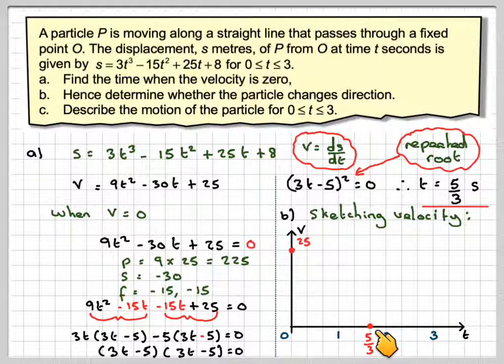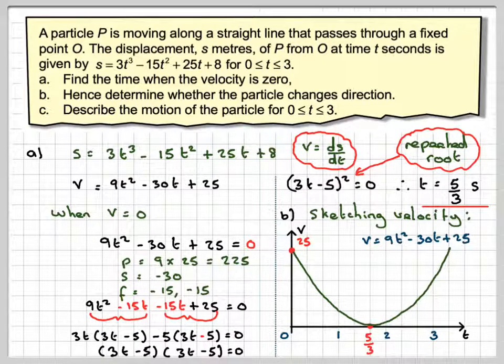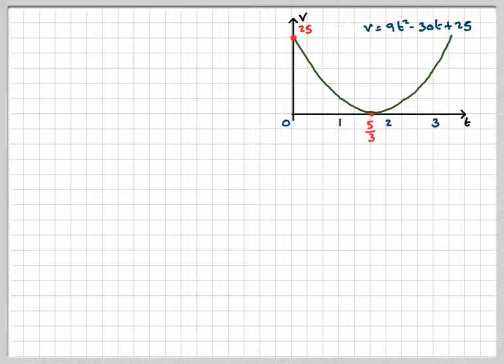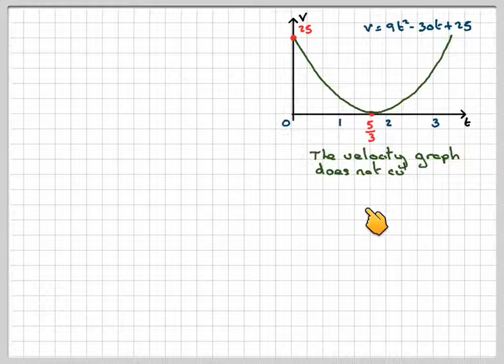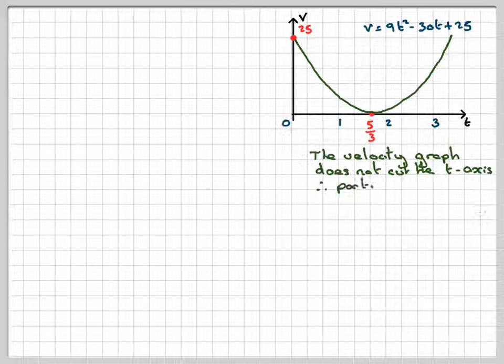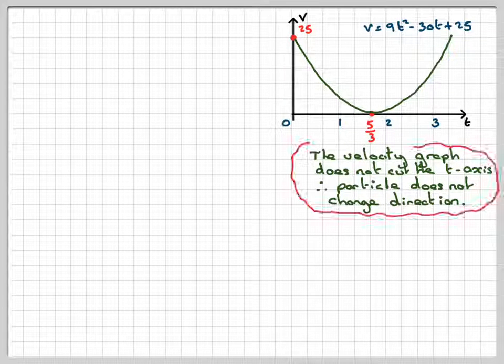It only touches the axis once, so it's not going to cross the t-axis, because we only have one repeated root. So let's just look at that again. The velocity graph does not cut the t-axis, therefore the particle does not change direction.